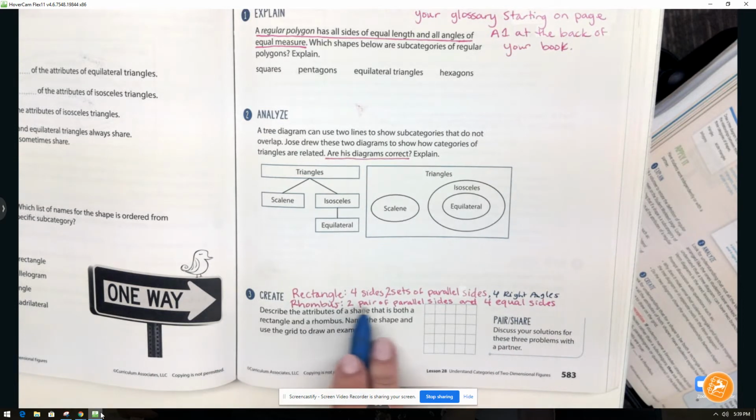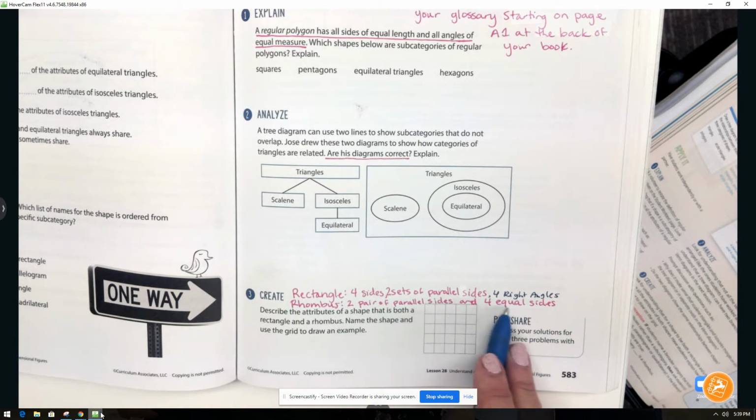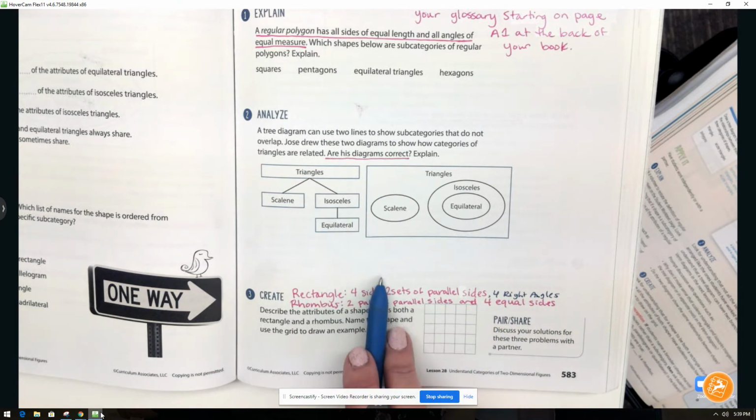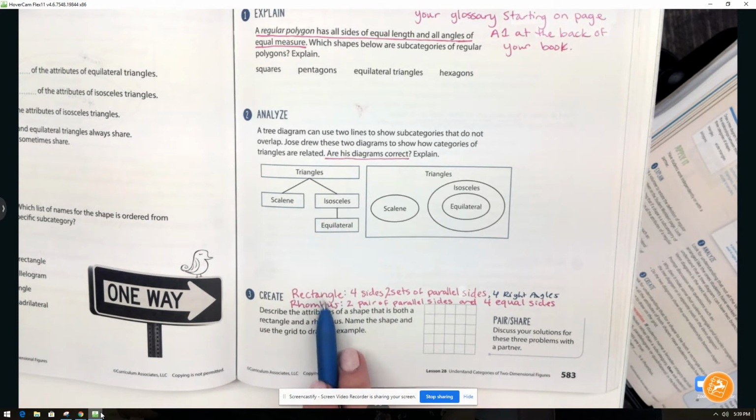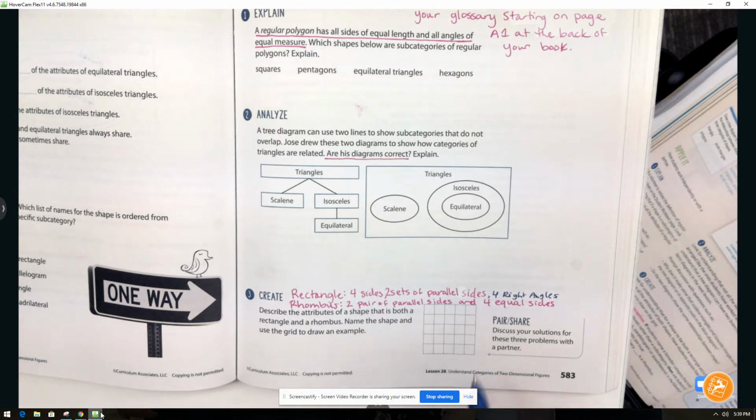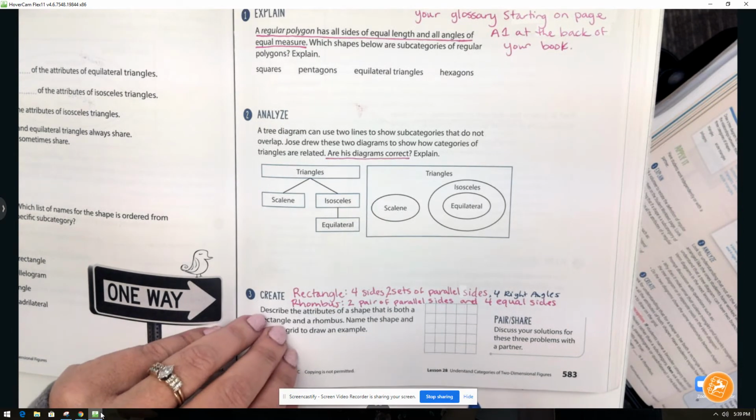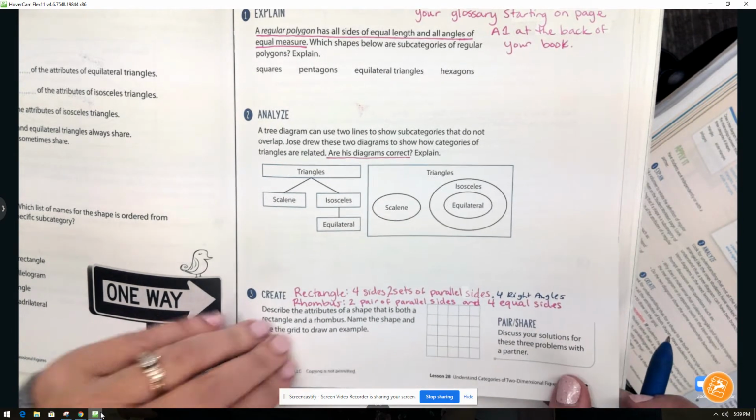We know that a rhombus has 2 sets of parallel sides and 4 equal sides. So those are the attributes of both a rectangle and a rhombus. What is a shape that is both a rectangle and a rhombus that has all these attributes? It's the most specific. I want you to name the shape and then draw the shape in this box here. Remember, it is the most specific.